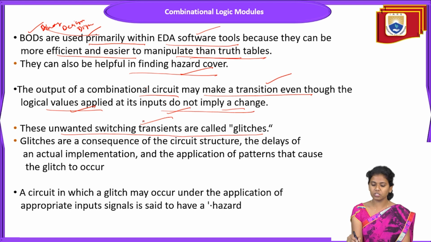Such kinds of switching transients are nothing but glitches. The glitches are the consequences of the circuit structure, the delays of an actual implementation, and the application patterns that cause the glitches to occur.